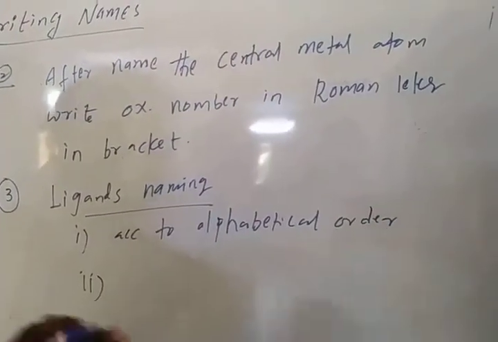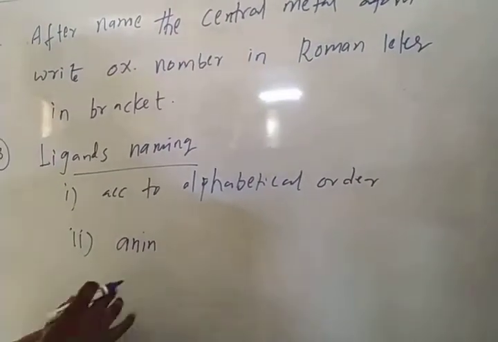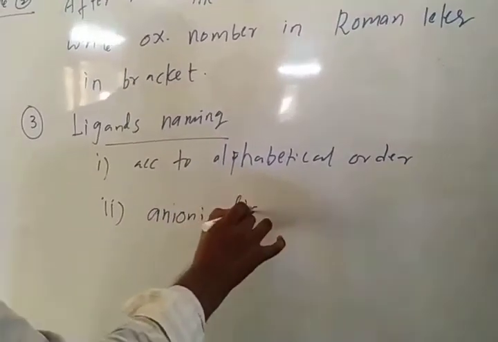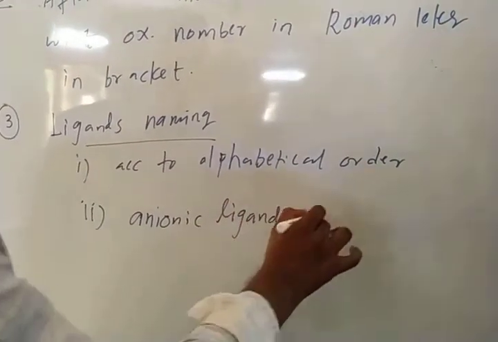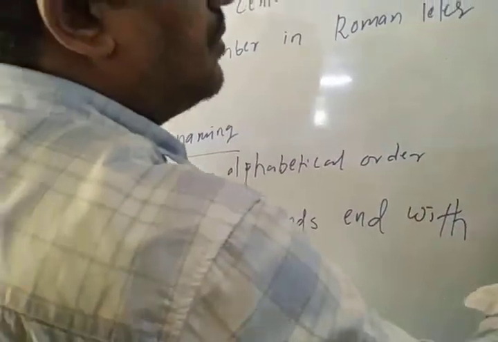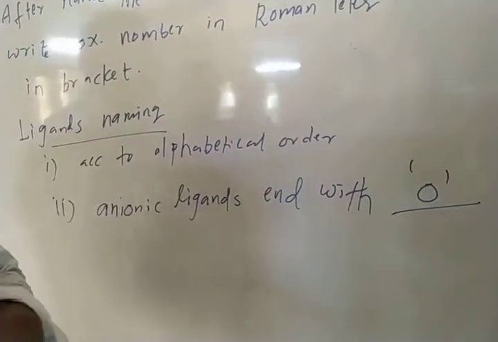The second thing is anionic ligands. Anionic ligands end with O. Hydroxo, amido, like that.